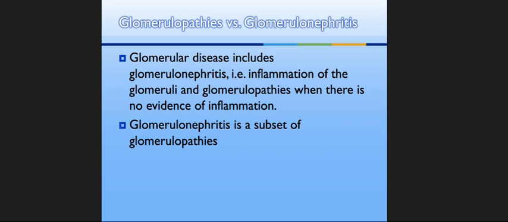And to simplify it, glomerulonephritis is considered a subset of glomerulopathies. So the big group is glomerulopathies, and it includes what's called glomerulonephritis. If you remember yesterday, when we talked about chronic kidney disease, the third cause of chronic kidney disease was chronic glomerulonephritis.